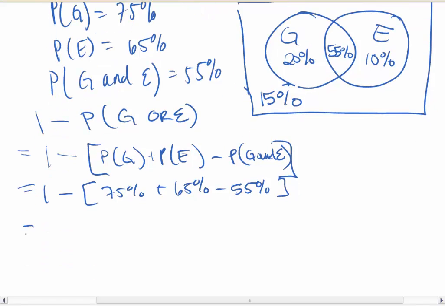And once again, we get that the union is equal to 85%.